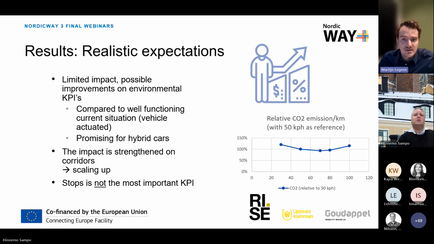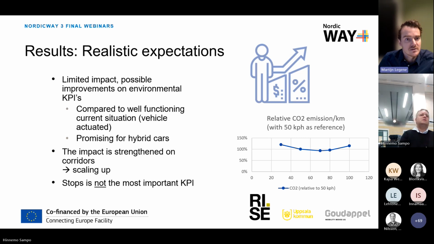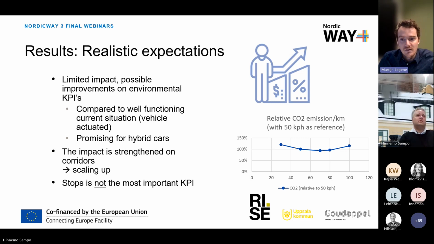What you see here is that we see the biggest impact on the number of stops on a solitary intersection. A maximum reduction of 8% when we implemented time to green or time to red, what you see on the left side, and a possible higher decrease when you implement GLOSA.